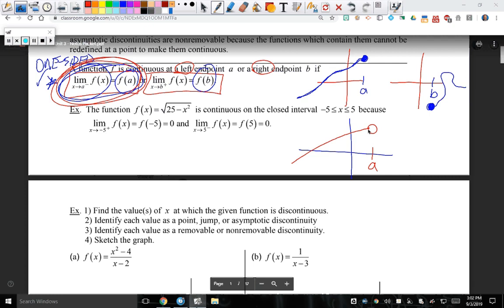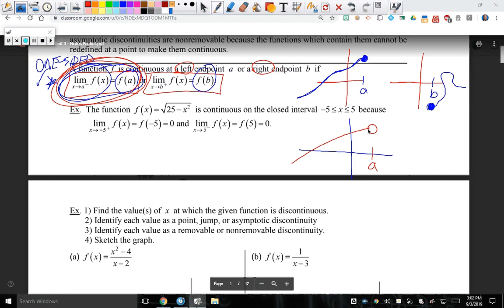It looks continuous because I was able to draw it without picking up my pencil. But the definition of continuity, the very first rule, says that A must have a y value. Go with me? And it doesn't. So it's not continuous at A from the left. Does that make sense, guys?